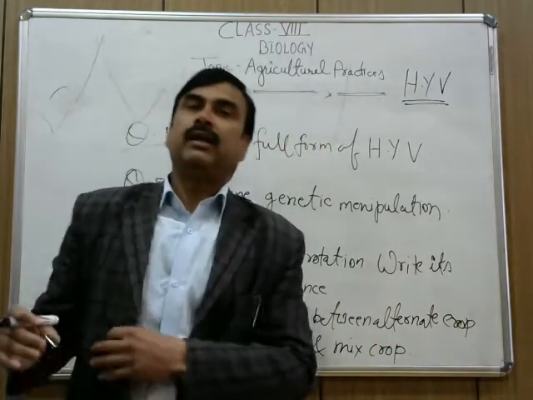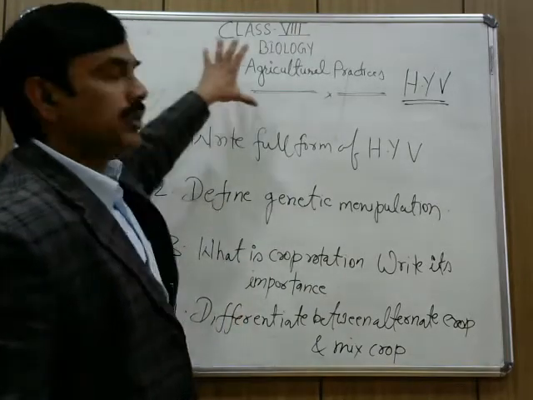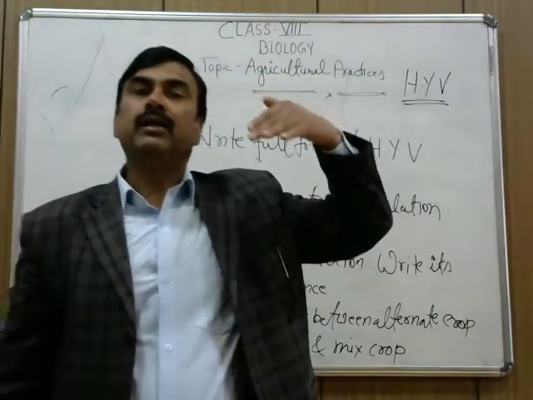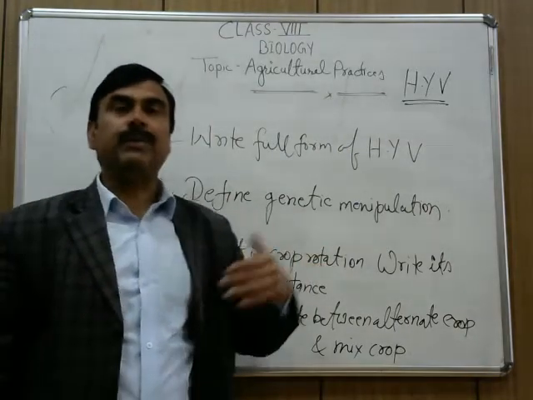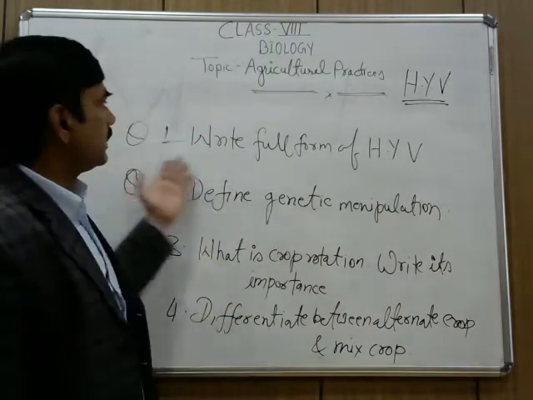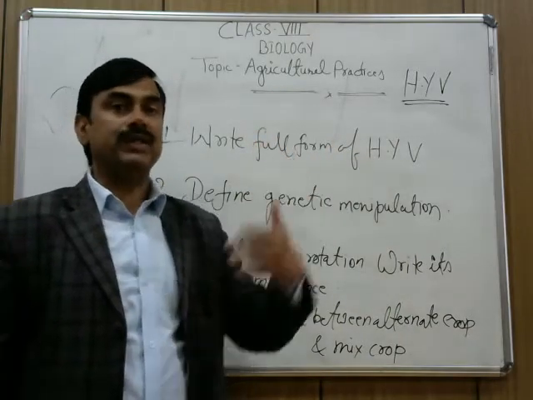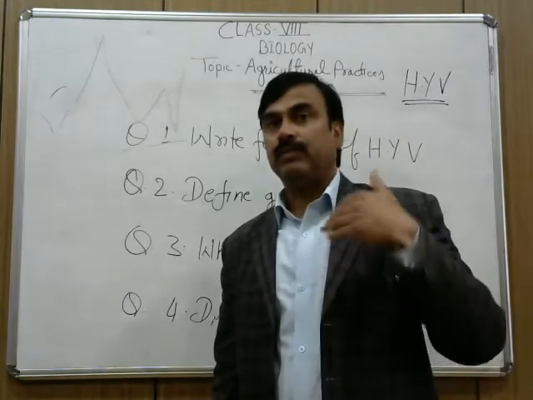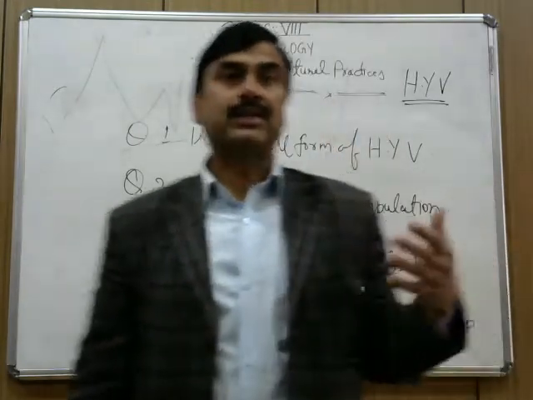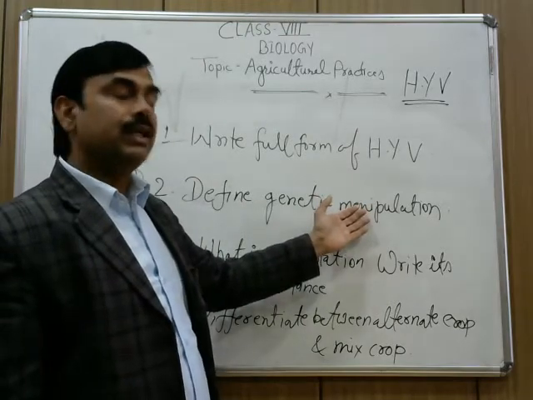So, in the cropping in agriculture practices, you have to write these questions for your complete knowledge. Like the first one is the full form, high yielding variety. What is the importance? You can also understand the high yielding variety gives more production. In the genetic manipulation, we grow the genetically modified crop.